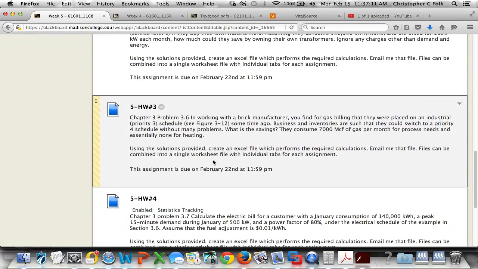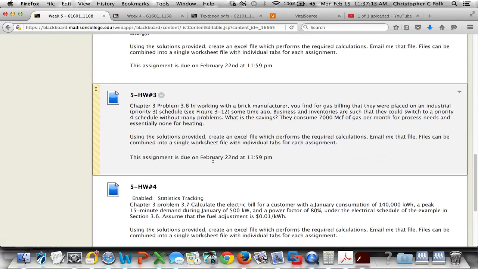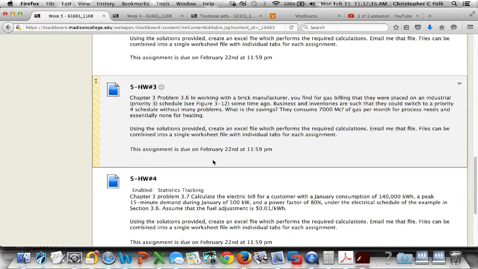Homework number 3. This is the first problem where we're going to deal with gas billing. So, in working with a brick manufacturer, you find gas billing that they were placed on an industrial priority 3 schedule, and that's listed on figure 3-12.